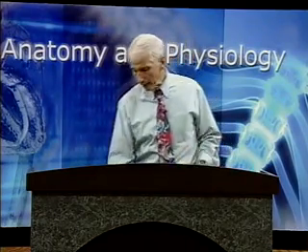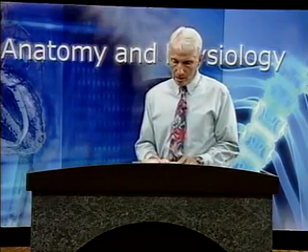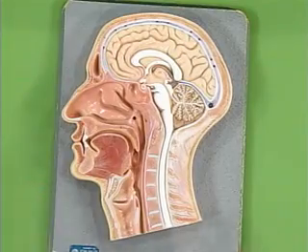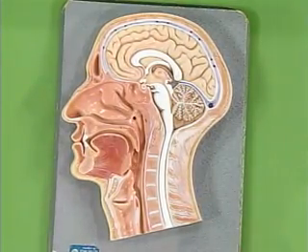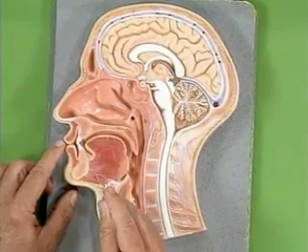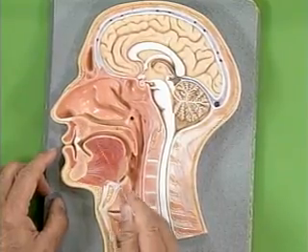All right, I want to bring up a model. We've looked at this model before when we were talking about the lymphatic system. This particular model, let's go to the overhead camera, is a mid-sagittal section through a head. And obviously here are lips, these are teeth, this is the oral cavity. Of course, this structure right here is the tongue.